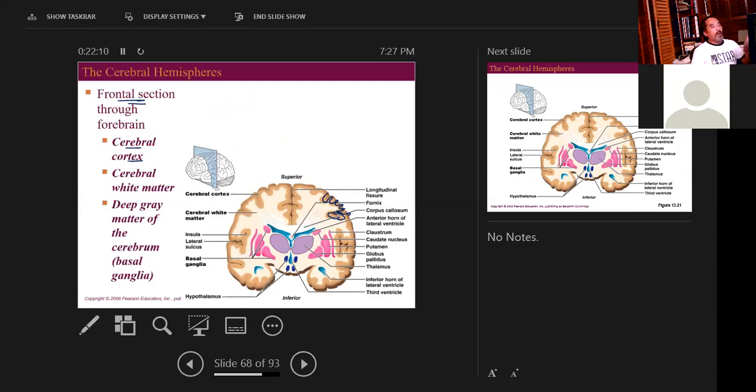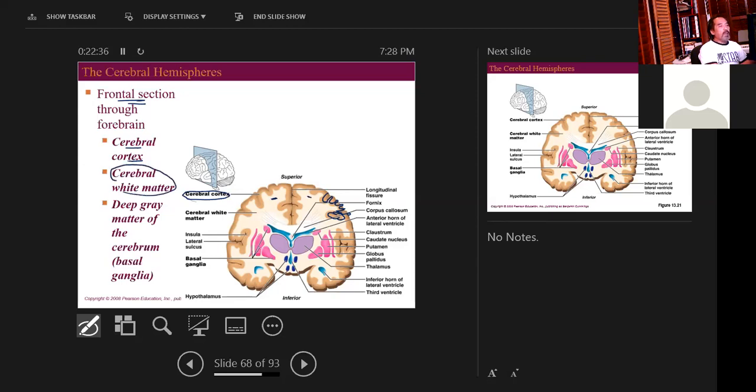Once you go higher, it's going to have gray matter in the middle, some gray to the side, and white matter outside and gray matter on the exterior. And this is called the cerebral cortex, okay? This is the brain. That's all the functions you have in the brain. Remember, these are made of cell bodies. And the structures that you see in between are called the cerebral white matter.